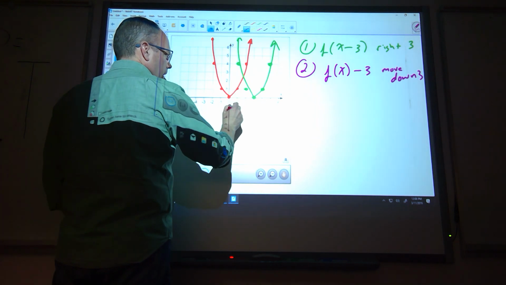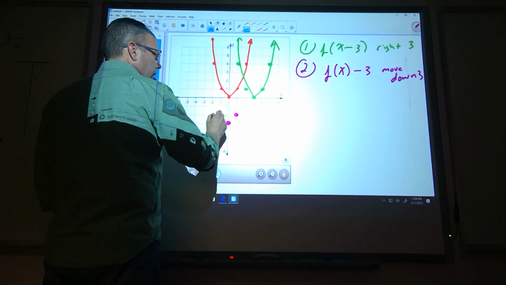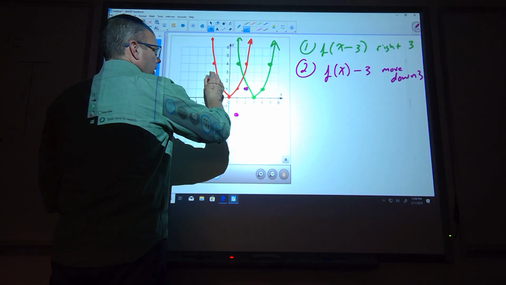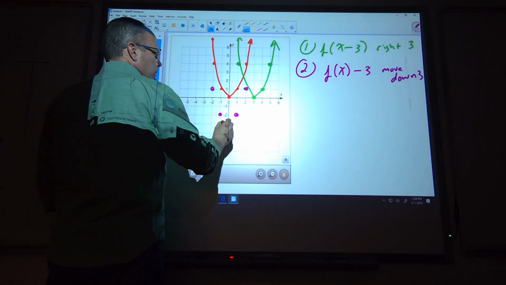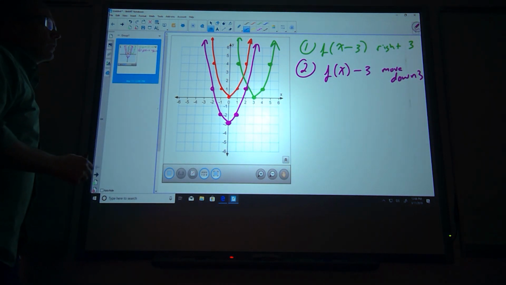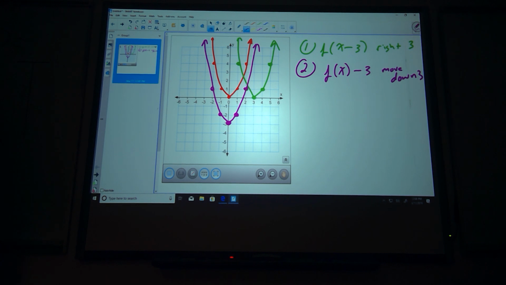This point moves down 3. This one down 3. This one down 3. This one down 3. Okay? And again, we're looking at the red one as our original, and we're making the shifts from there.